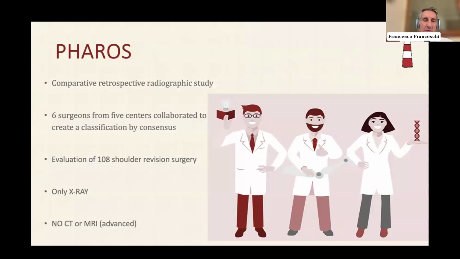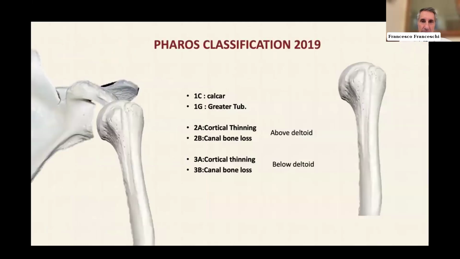This classification was made by a comparative retrospective radiographic study by 6 surgeons from 5 centers who collaborated to create a classification by consensus. It was made by evaluation of 108 shoulder revision surgeries using only X-ray, as you can see here, without CT or MRI evaluation.